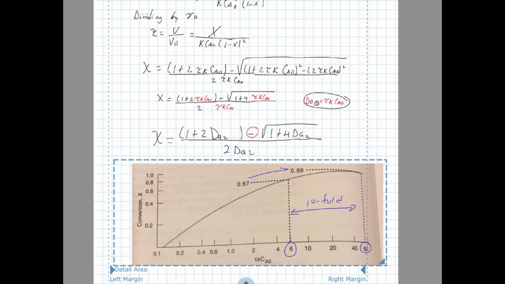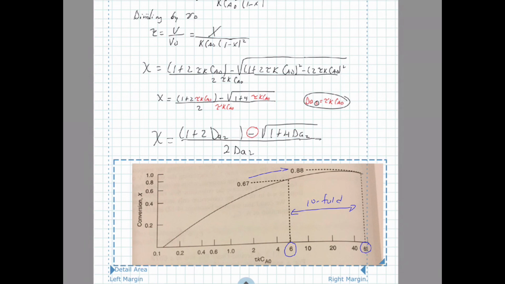So CSTRs are very useful, and the algebra is pretty simple, but sometimes we may have some limitations at different experimental ranges, and this is one of the cases. It's because the CSTR is operating under the conditions of the lowest reactant concentration, and therefore the smallest value of the rate of reaction.